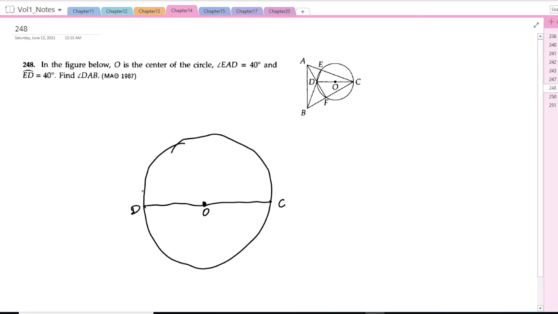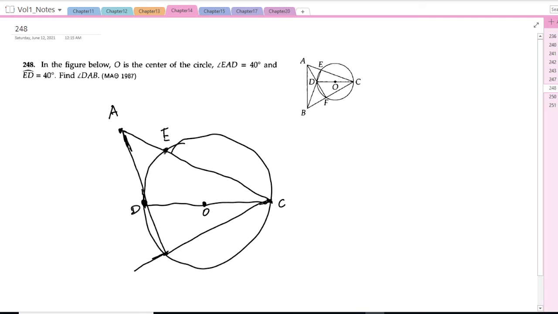If CD is the diameter, now let's connect E and A. Let's connect AD, which intersects the circle at F. Let's connect CF.